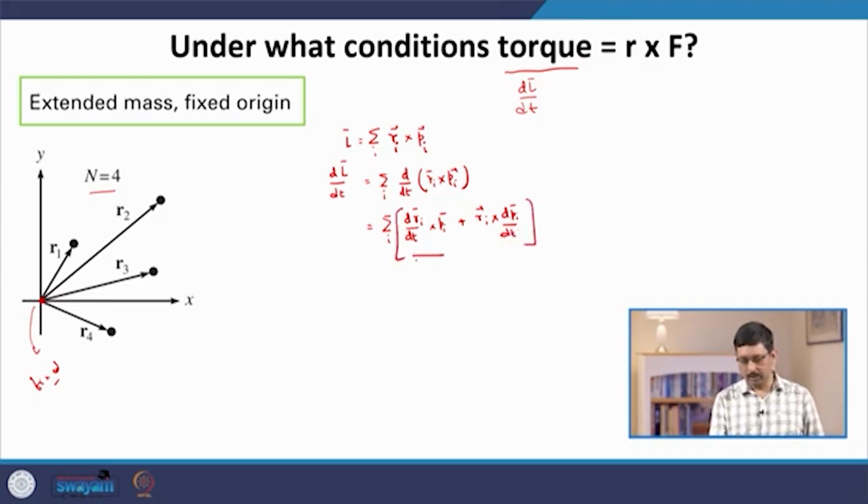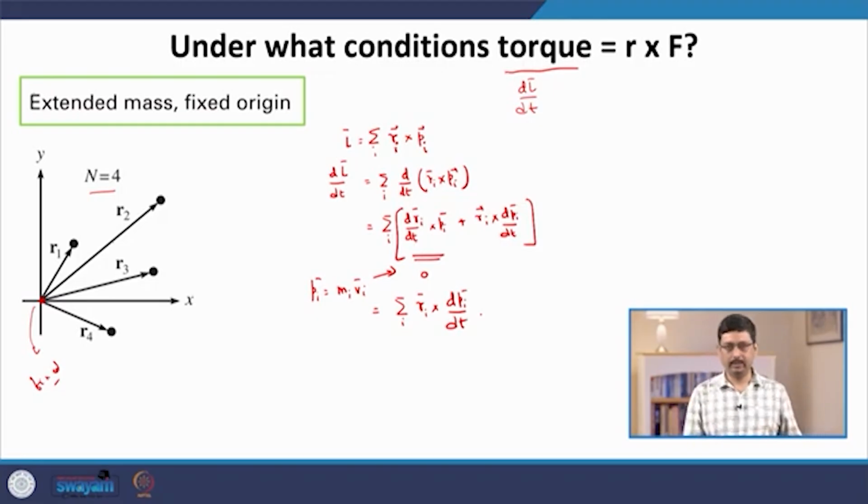As before, the first term will always be 0, because p i is m i times v i. So far it seems like it is the same algebra as the case of a single point mass.